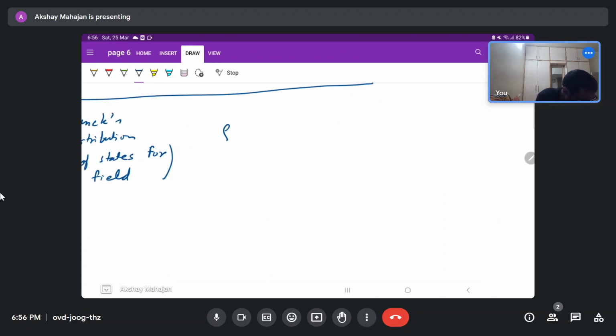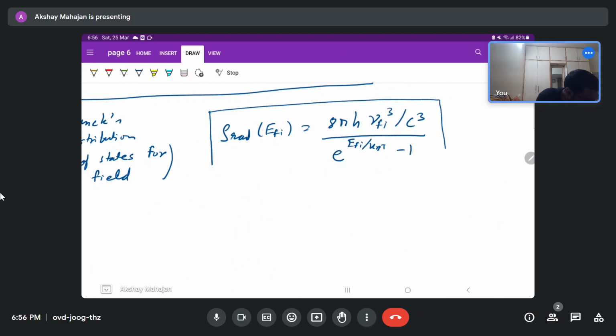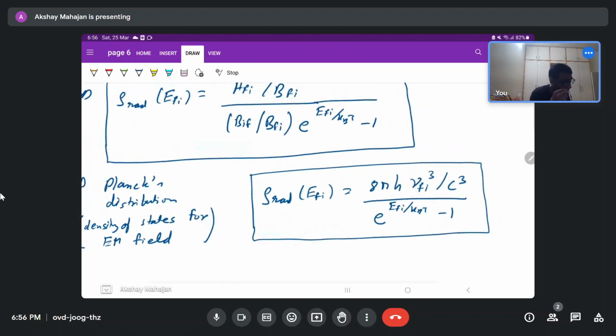That gives us radiation E_Fi equals 8 pi h. So this is the Planck's distribution that we already have, and then we can just compare these two.